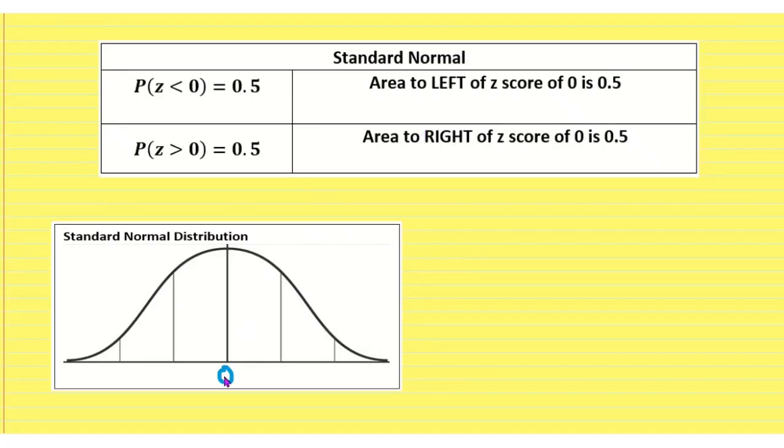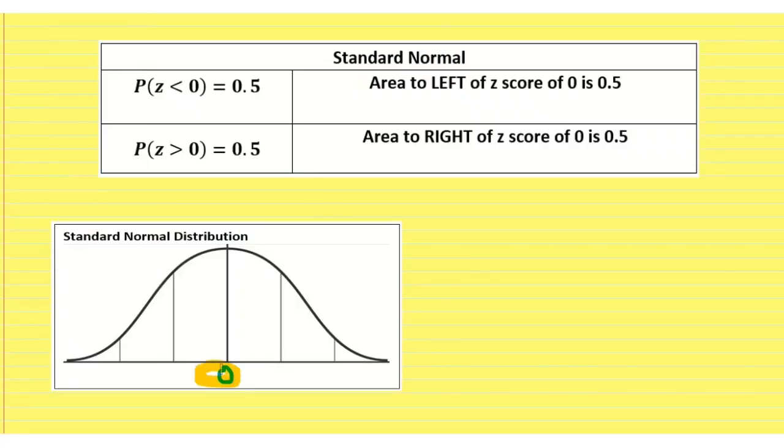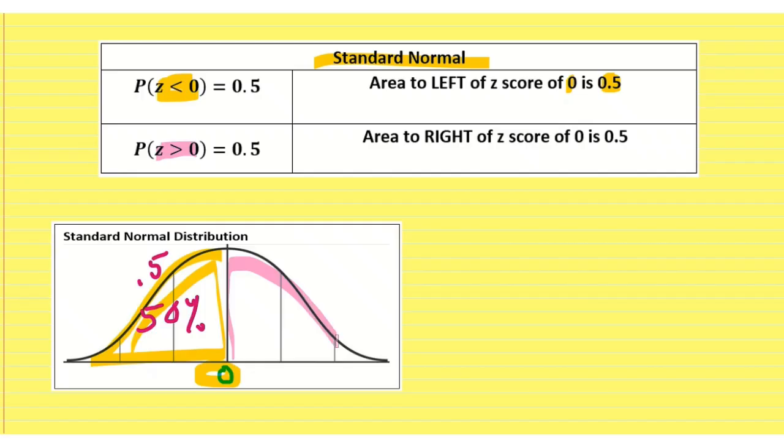On the standard normal distribution, 0 is always in the middle. It's always the mean. The mean is 0. So on the standard normal distribution, anything less than 0, which is on the left-hand side, will have an area of 0.5, which is 50%, right? So this is 50%, but in decimals, that's equal to 0.5. And also on the other side, the probability that z is greater than 0, well, that's on the right side.